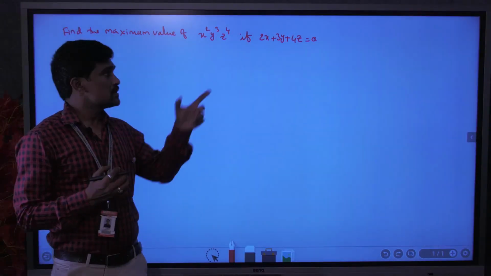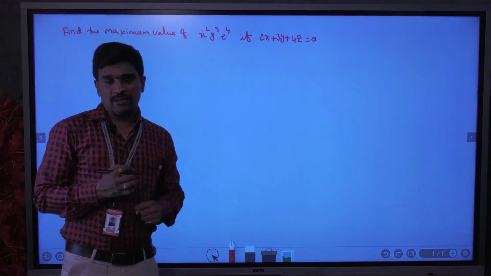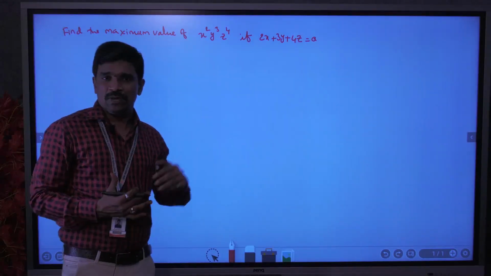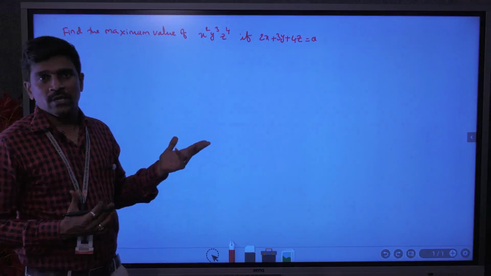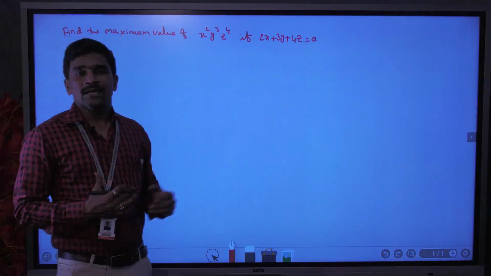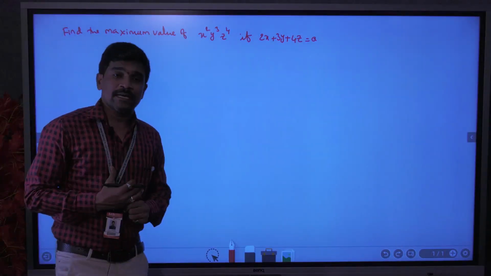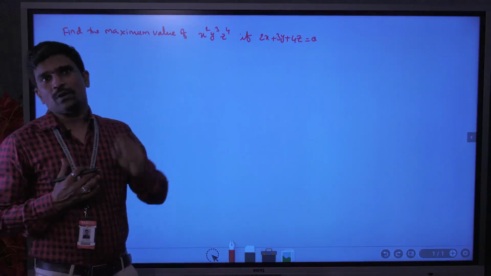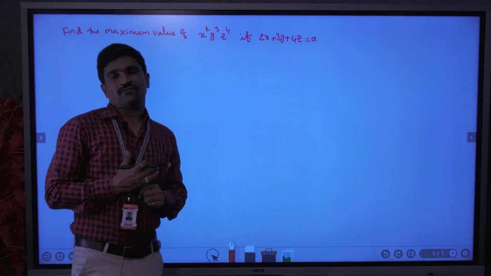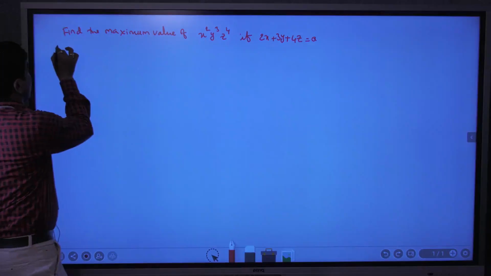So here we clearly use Lagrange's method to find the extremum of a function under given conditions. So what is Lagrange's method? First of all, we have to write the Lagrangian function. First, the given functions.